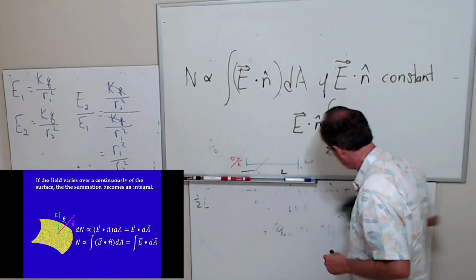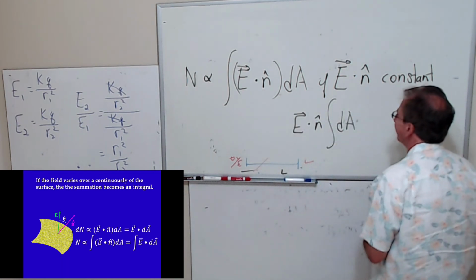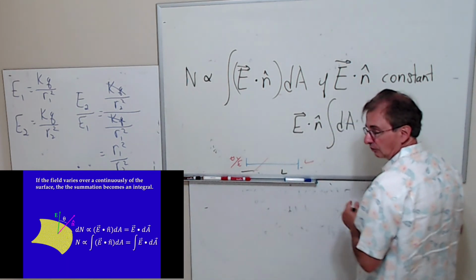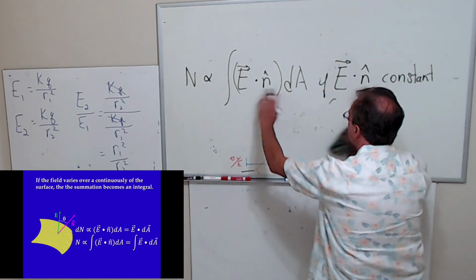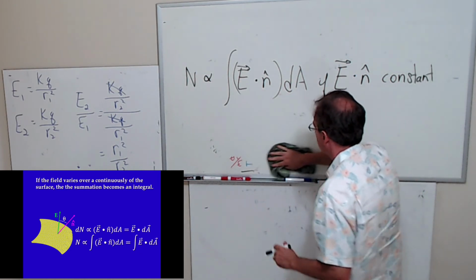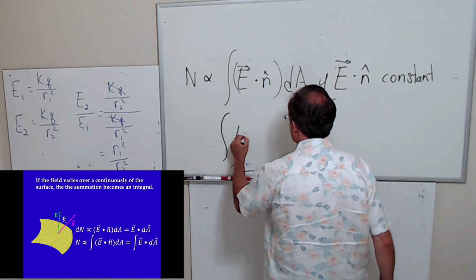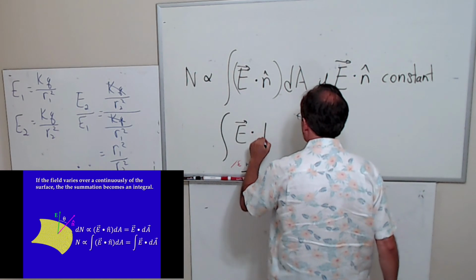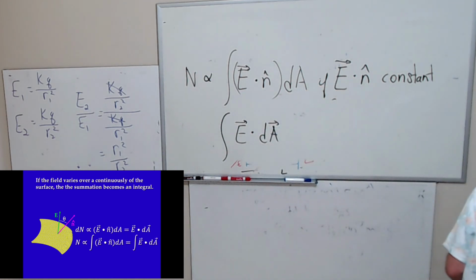This depends on the faculty member. Some people will write this expression this way. Some people will write it like this. What they say is dA is the area vector.